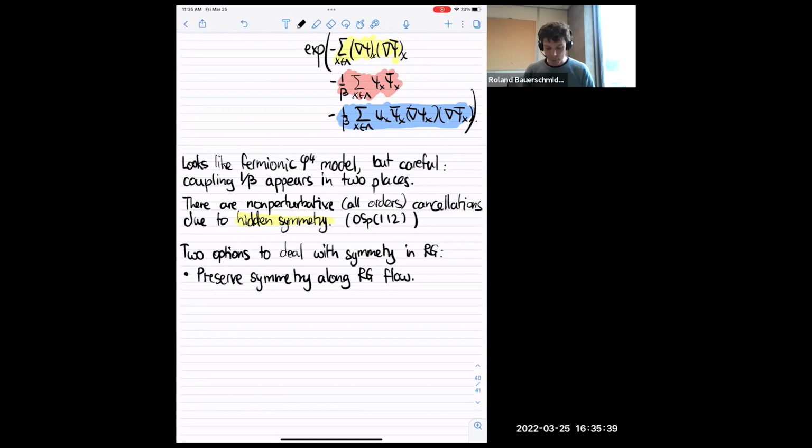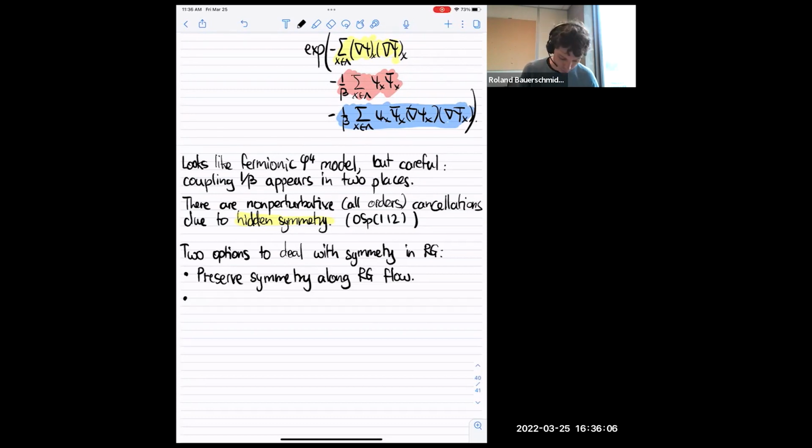But there are other examples where it's not so easy to preserve the symmetry manifestly along the RG flow. So examples are, for example, non-abelian gauge theories. And this one is also one where we wouldn't, or at least I wouldn't know, how to preserve the symmetry along the RG flow.